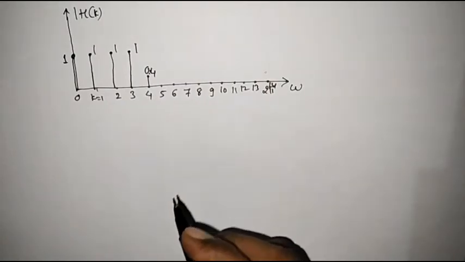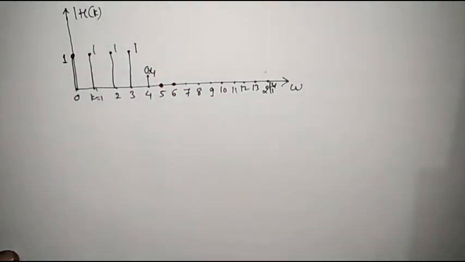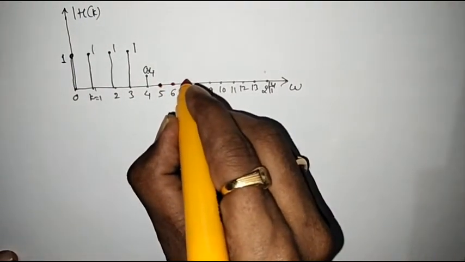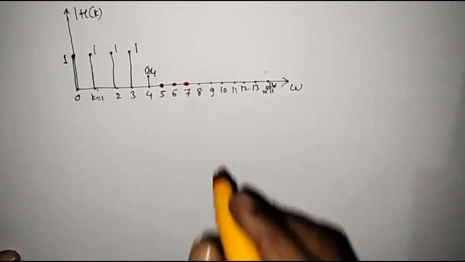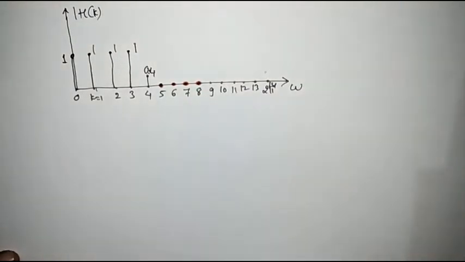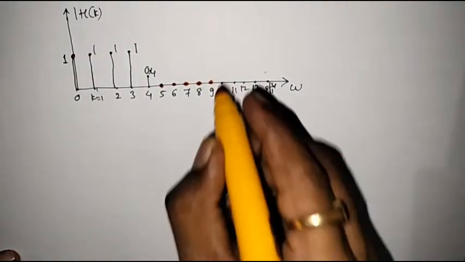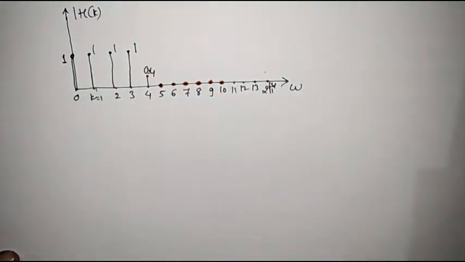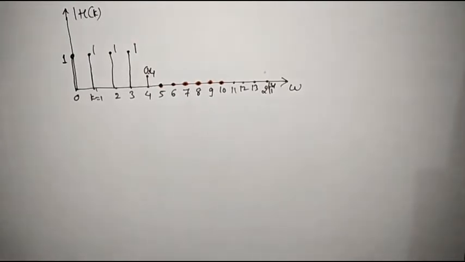Next, for k equal to 5 and 6, the value is 0. For k equal to 7, the value is 0. For k equal to 8, it is also 0. K equal to 9 is 0. K equal to 10 is also 0. Now for k equal to 11, it is the complex conjugate of H of 4, that is 0.4.